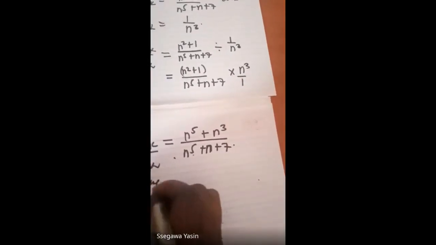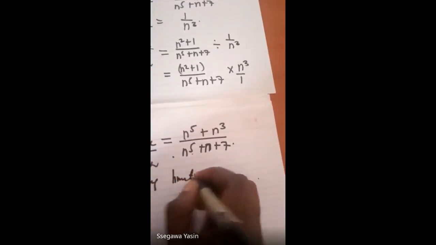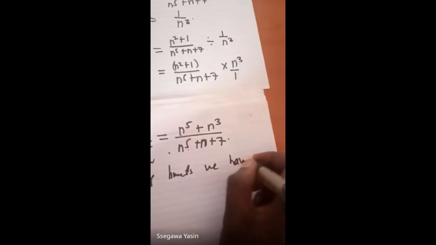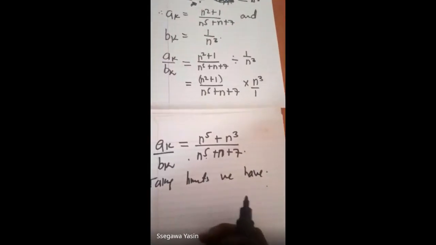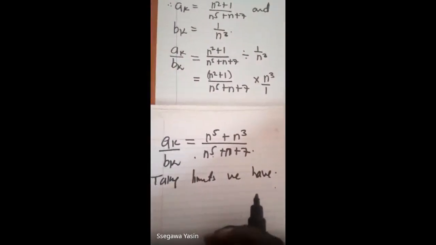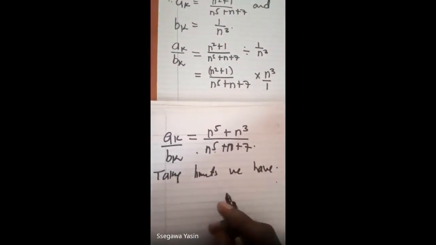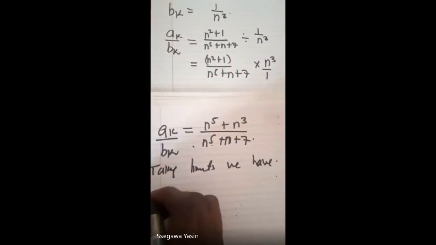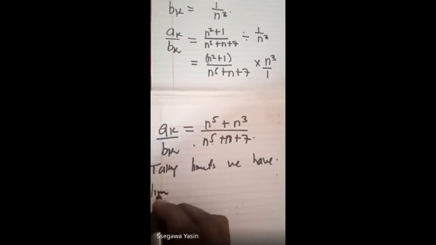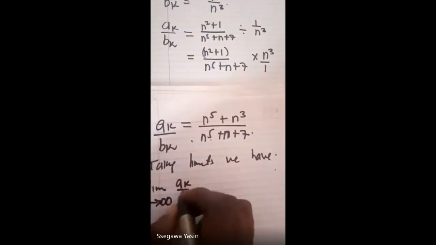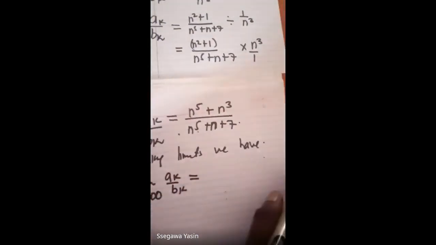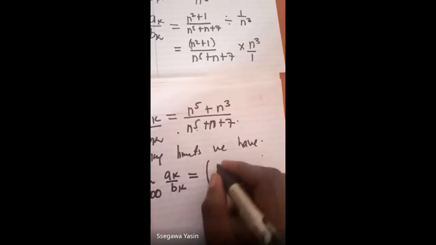Taking limits, I think you know that when you have the same powers, you go to L'Hopital's rule, or we divide through with the highest power.